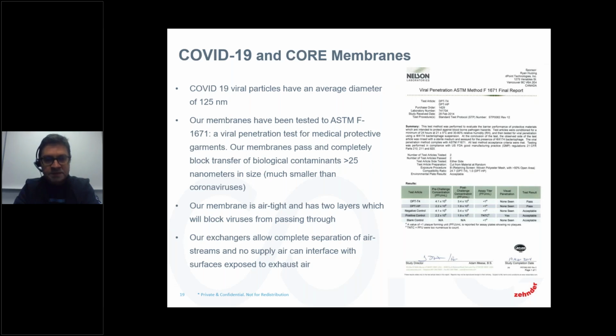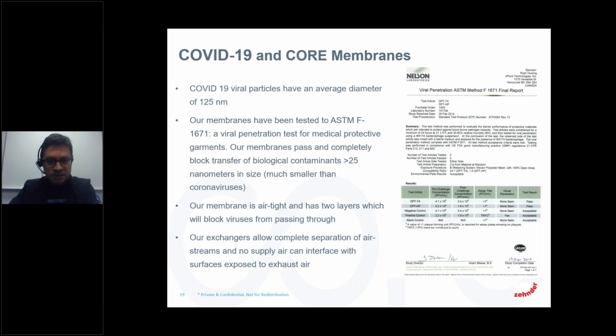And so, as I discussed, we have this dense film layer and a microporous substrate layer in our membrane material, both of which would block the transport of anything that is of the size of COVID-19, which is around 125 nanometers. In this viral penetration test, they use a surrogate biological contaminant that's about 25 nanometers in size.